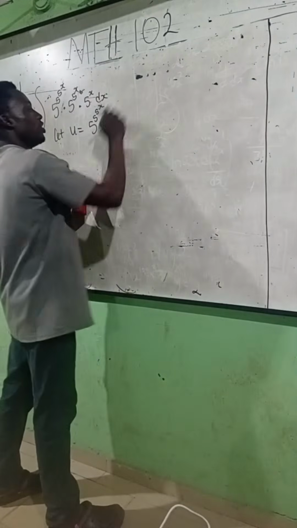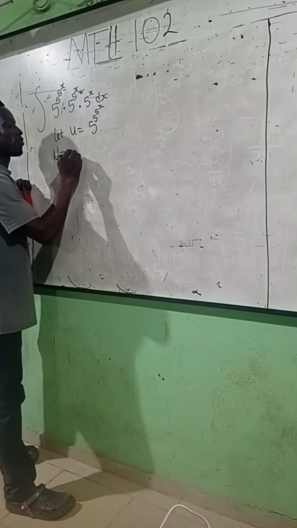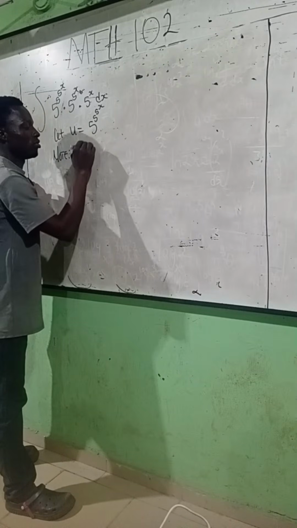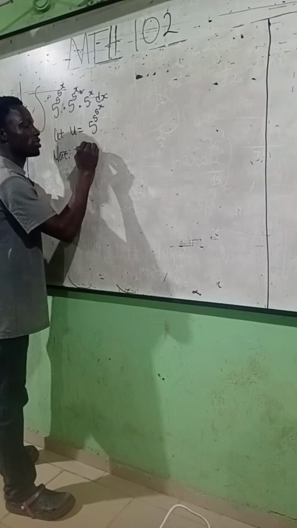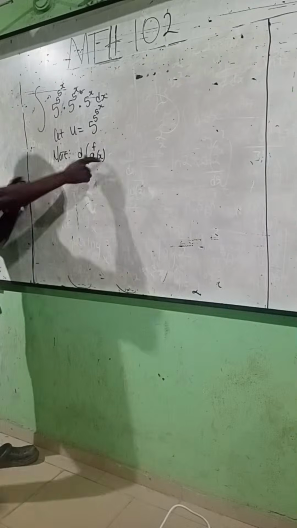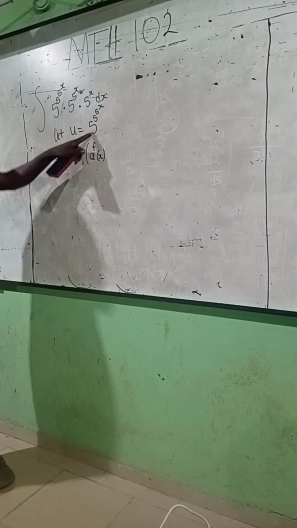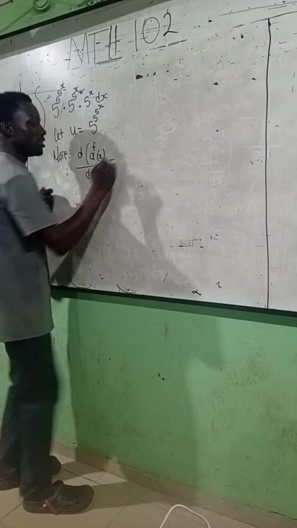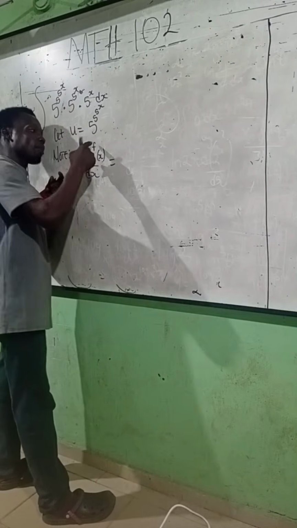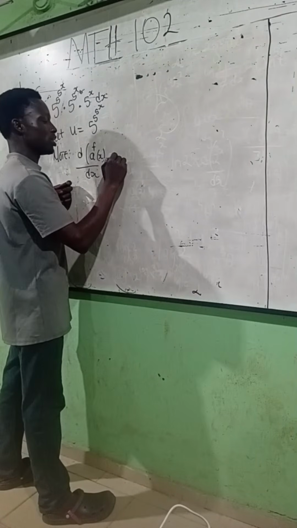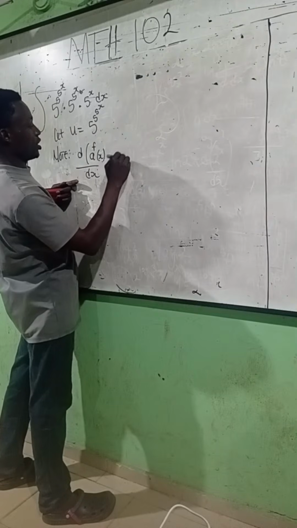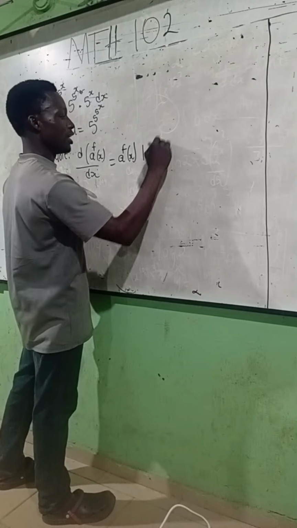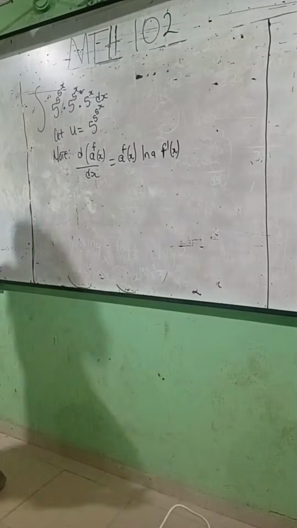Let me write the formula for you. Note, the derivative of a raised to power f of x, that is a function of x which has another power, over dx, regardless of whether the power is just one or more, equals a raised to power f of x, ln a, then f prime of x.